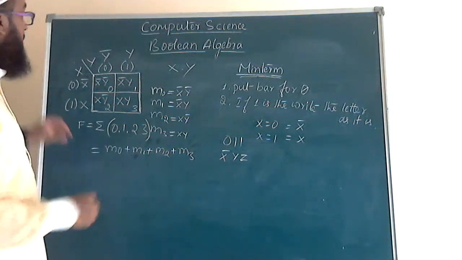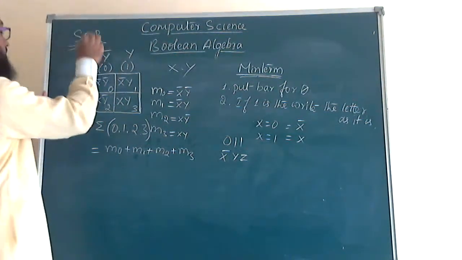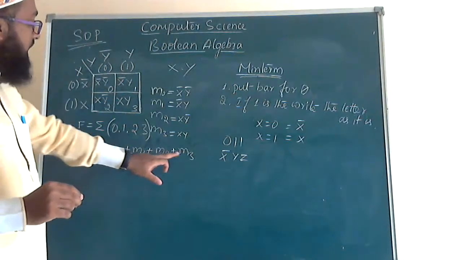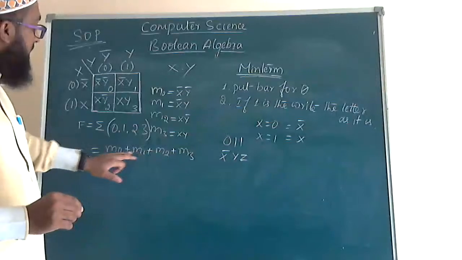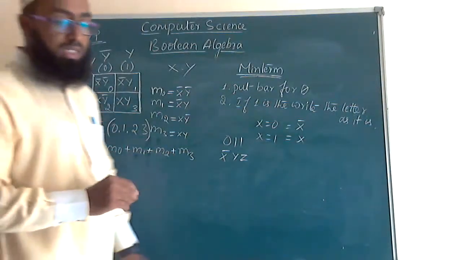We are doing SOP form, sum of products. We are using min terms here, so we are using small letter m, and in between these products there is an OR operator.